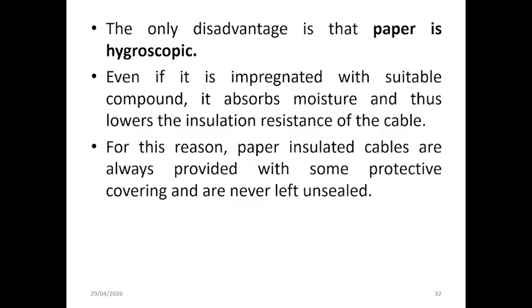Even after impregnation with suitable compounds, moisture ingress can still occur, which reduces the insulation resistance of the cable. Therefore, paper insulated cables must always be properly sealed and provided with protective covering to prevent moisture penetration and ensure reliable operation.